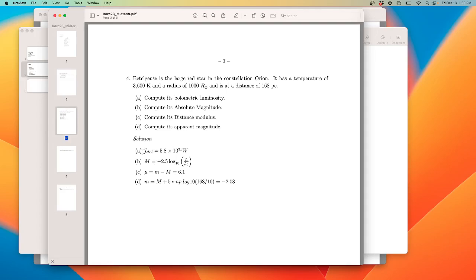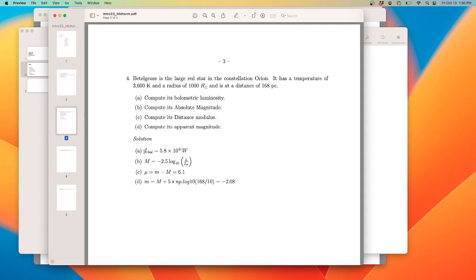The bolometric luminosity. There are several ways to do this because astronomy is a really old field. The magnitudes are a little tricky because there have been some changes over the years.